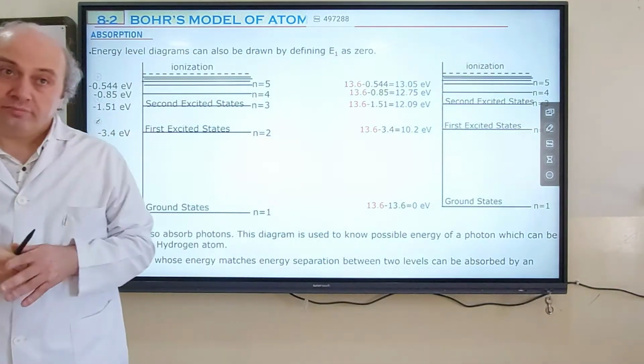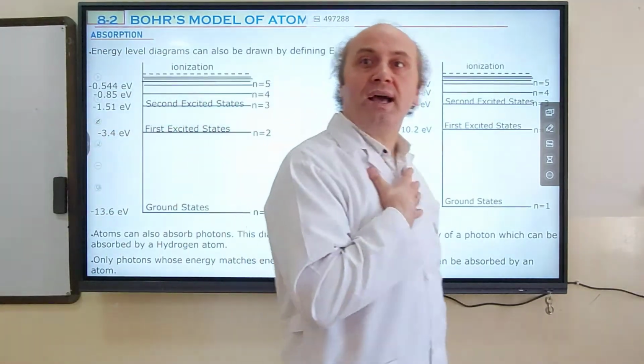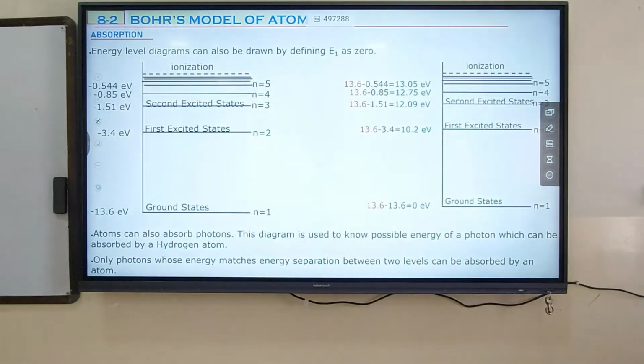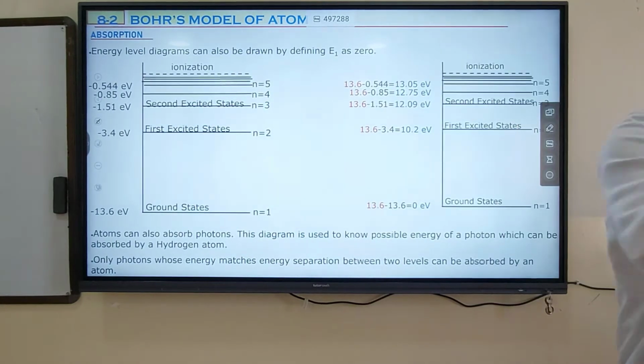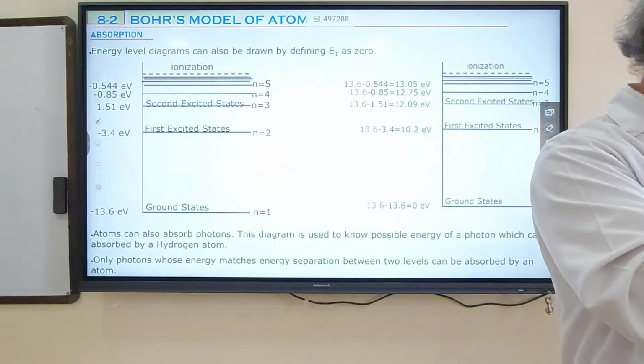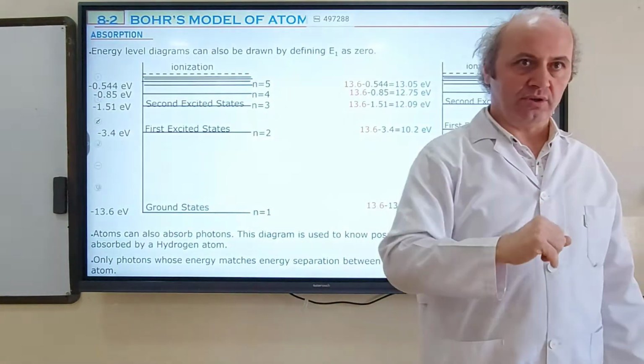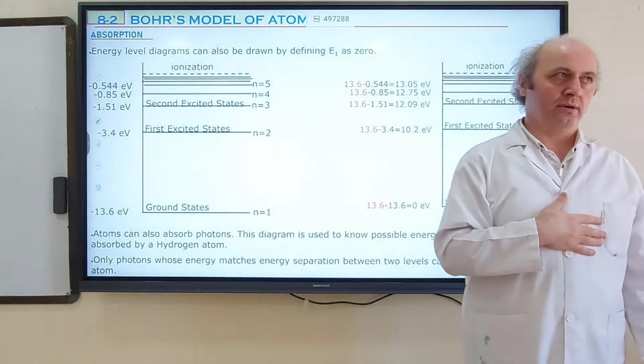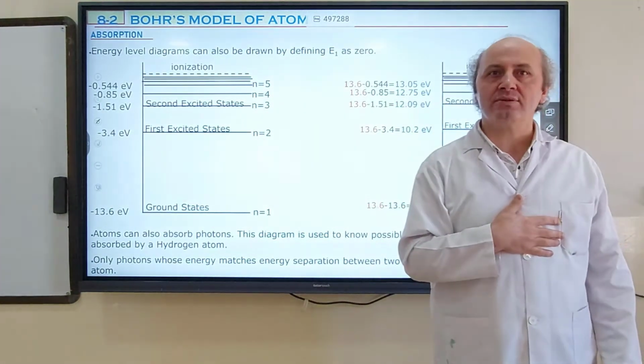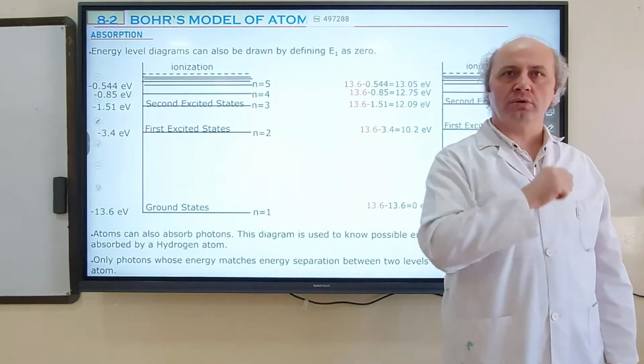And remember, I told you that an atom can gain energy in 3 ways. One of them I explained: pass an electric current through the gas, and we did this. There's one more method. Instead of passing an electric current, send photons.